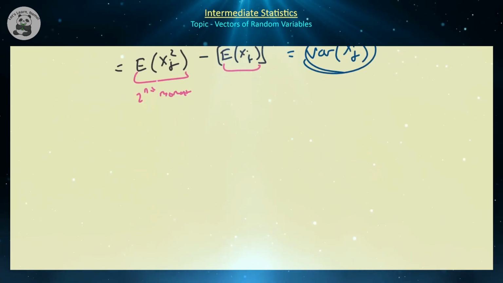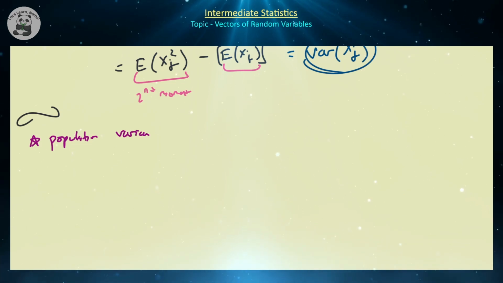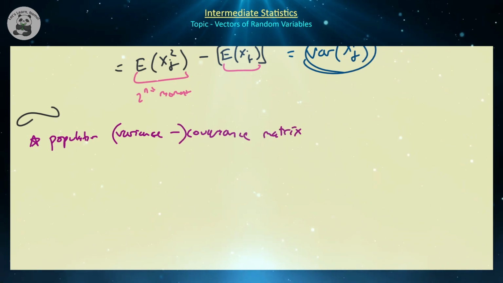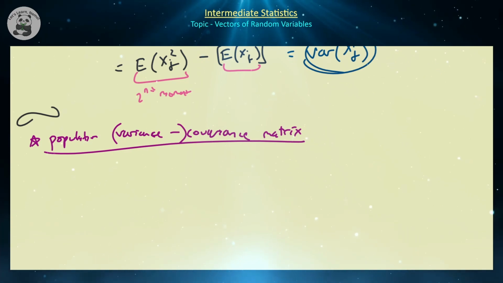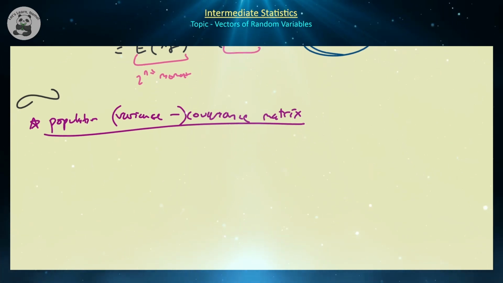Now we're going to introduce a very, very important matrix, and this is called the population variance covariance matrix. Some people call it the variance covariance matrix, but in some sense it's just a covariance matrix in disguise, because the covariance between a variable and itself is variance, therefore you just need covariance in order to define all of them.